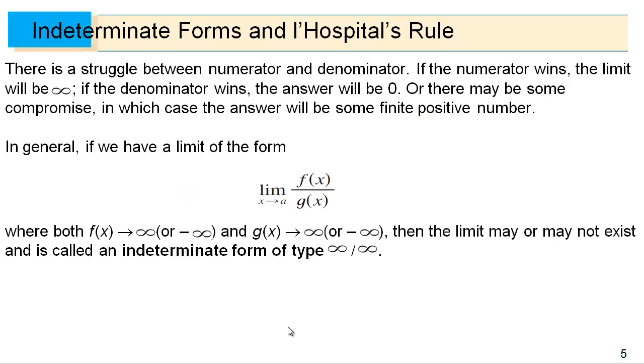So we know that when we have a rational function, f of x over g of x, right, we have some fraction, and we're taking the limit as x approaches a, that if they are both going to infinity, or if they're both going to negative infinity, or even if one's going to infinity and one's going to negative infinity, we know that the limit may or may not exist. Sometimes we can get an answer of 0 if the bottom grows really super fast, right, and ends up growing faster than the top.